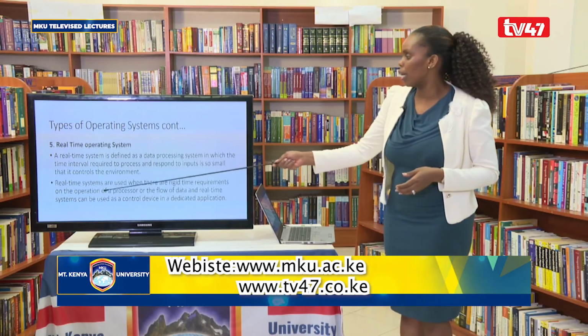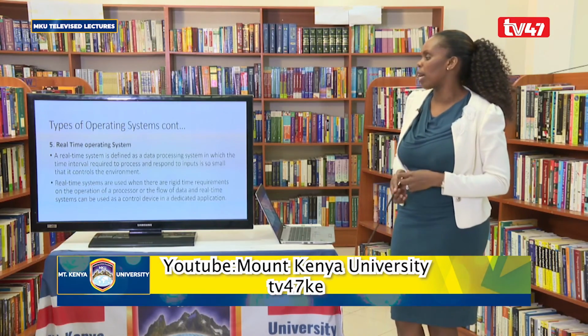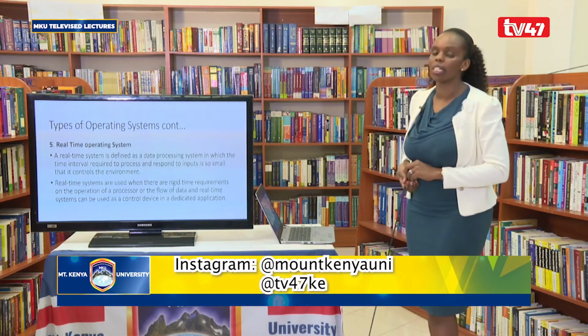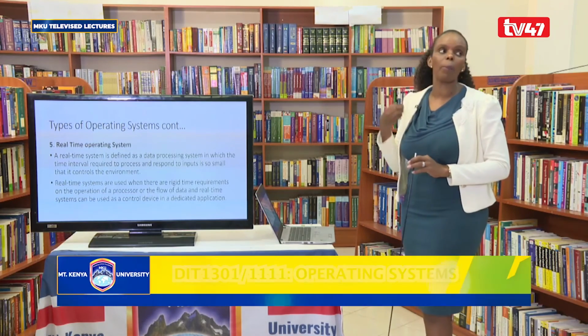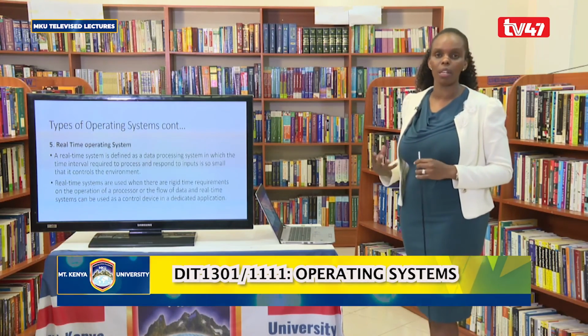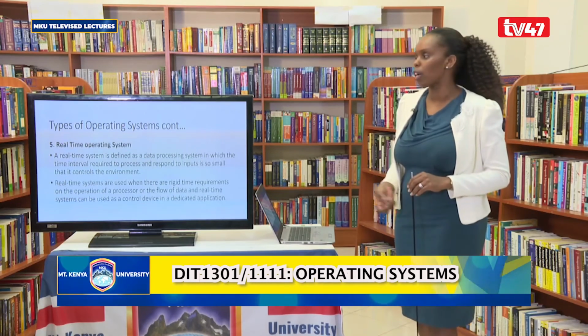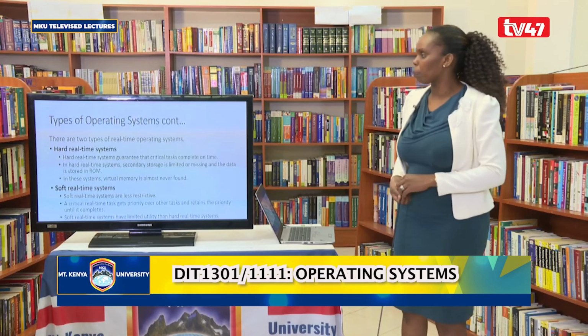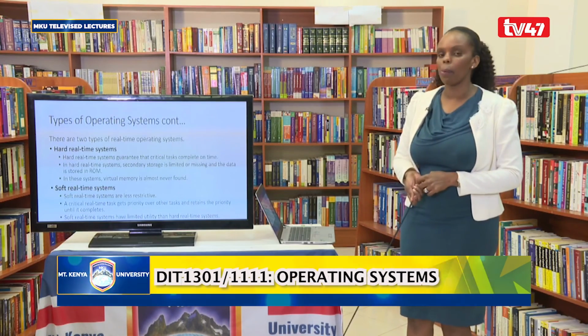And real-time systems have a very fast flow of data, and real-time systems can be used as a control device in a dedicated kind of application. In an application where time is a major or critical factor, you can use a real-time kind of operating system. And then there are two types of real-time operating systems.